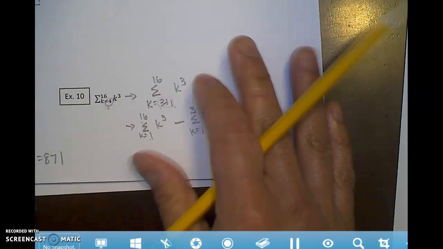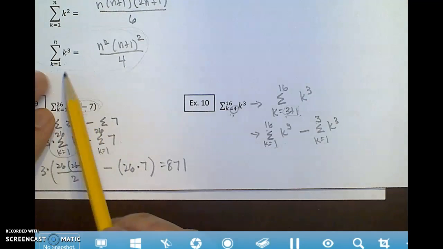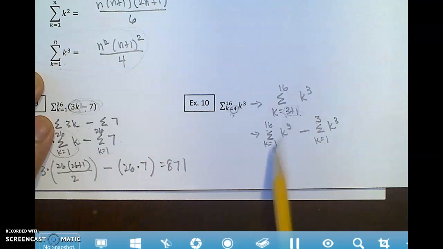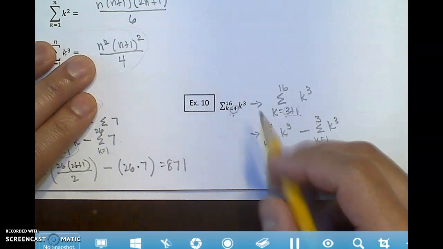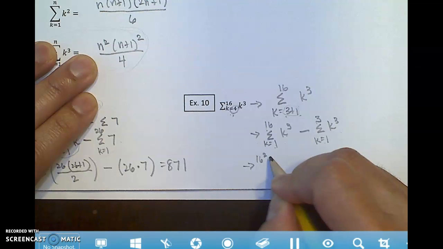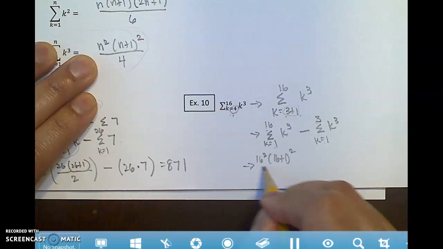Okay, so now that we've broken it up that way, we can use this formula, which again goes from the first term to the nth term. I have both of these summations for the k cubed sequence starting at 1 to some nth term. So again, all I'm now using is this formula. My n value here is 16, so it's going to be 16 squared times 16 plus 1 squared, all over 4.